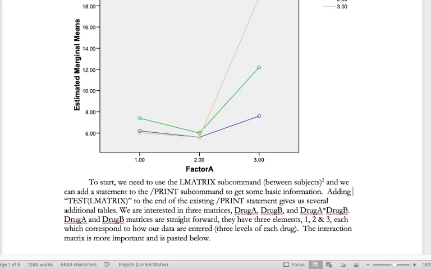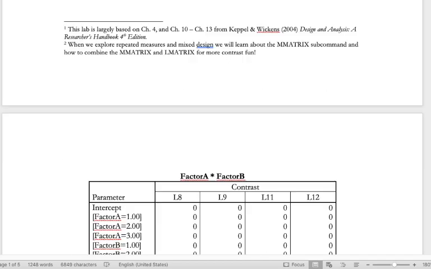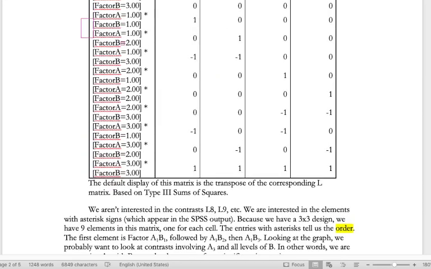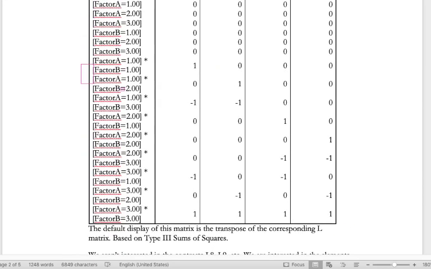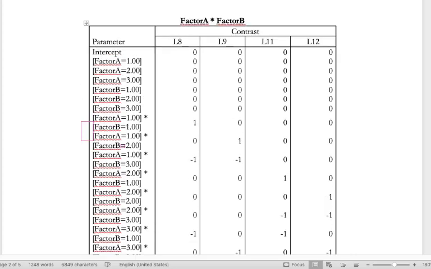But when we're looking at the interactions, is A3B1 going to be the third number, or is it going to be like the sixth? Essentially, what we want to know is what order SPSS thinks of these things in. And that's what this table is for.